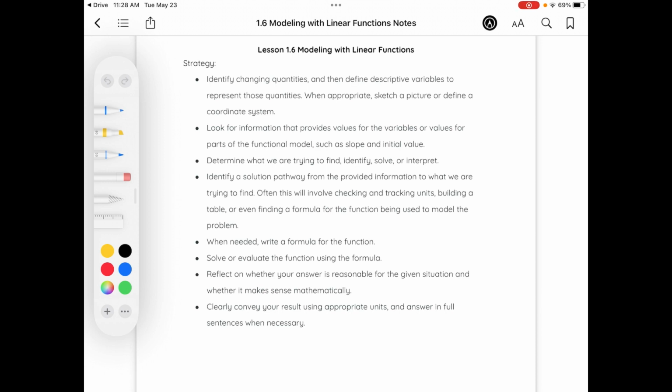Finally, we'll clearly convey our result using appropriate units and answer in full sentences when necessary. Now, not all of these steps are utilized each and every time, but we'll try to talk through each of them as we approach the problems on the following pages.